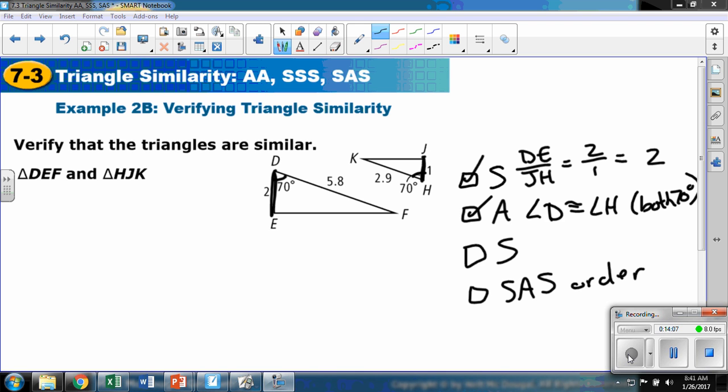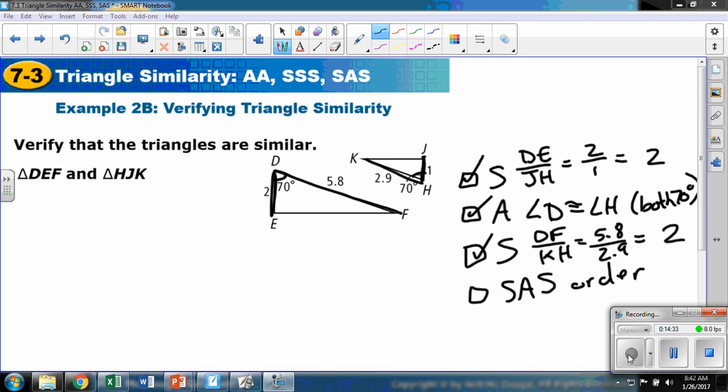So DF and KH, those match up, 5.8 and 2.9. Of course, 5.8 divided by 2.9, you can put it in your calculator to verify. That actually is 2. So we've got it.